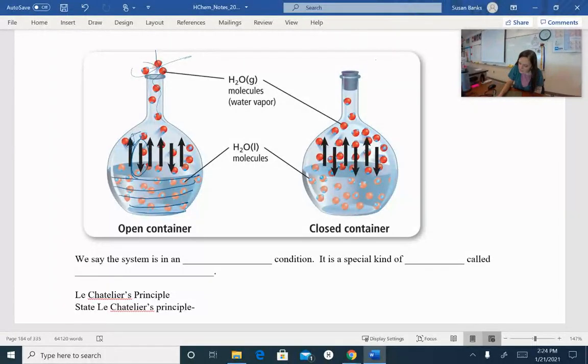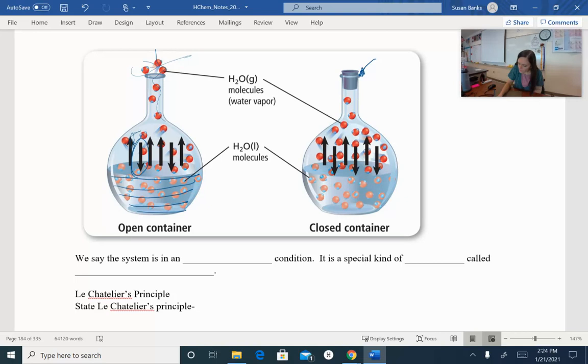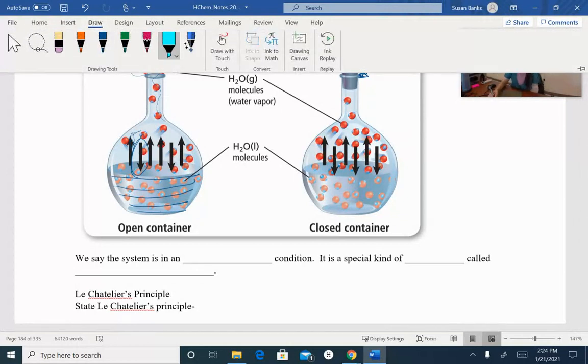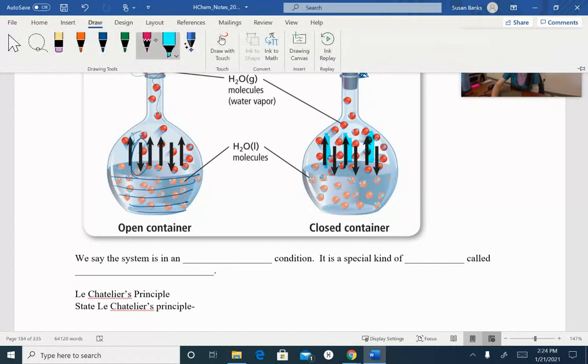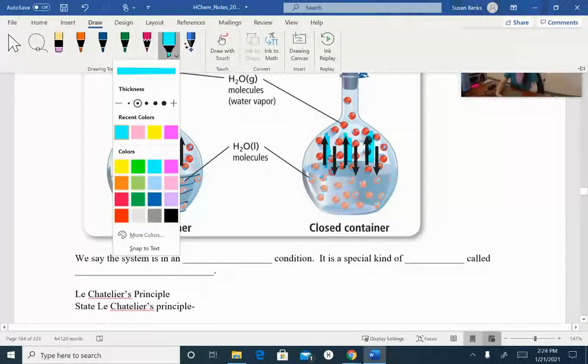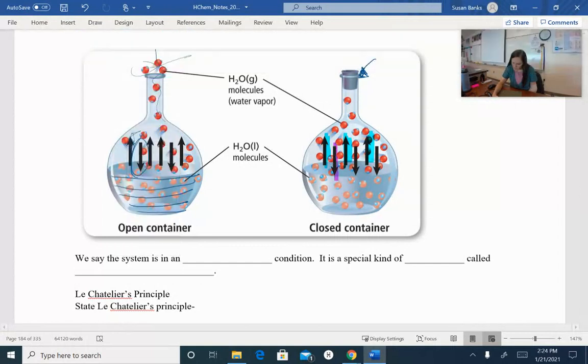But if I plug this up, if I put a stopper in here or a top or a cap on it, eventually the number of molecules that are leaving, you see these ones that are leaving, are going to be equaled out with molecules that are coming back to the liquid state. Okay?